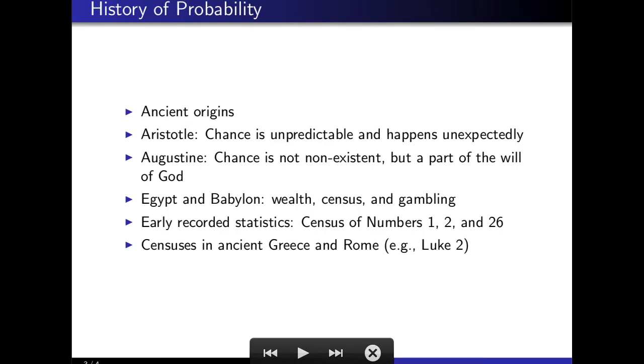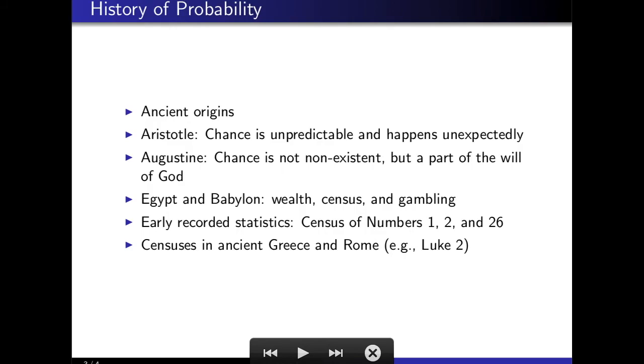Okay, so statistics goes back quite far in history, really. Some of the earliest places that it shows up is in censuses, so the counting of populations. We see this showing up in ancient Egypt. We see this occurring also in ancient Babylon.